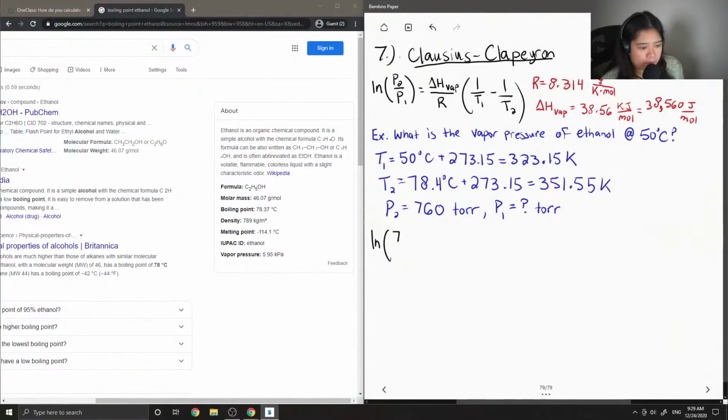So P2 is equal to 760 torr, and we're looking for P1. The enthalpy of vaporization of ethanol we found was 38,560 joules per mole.